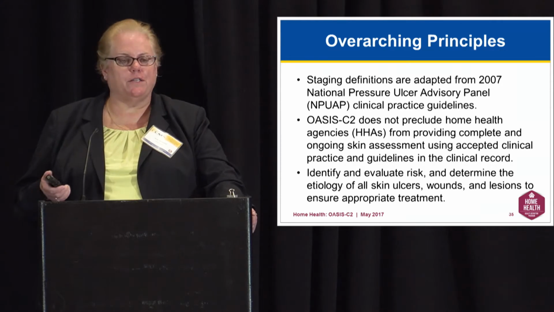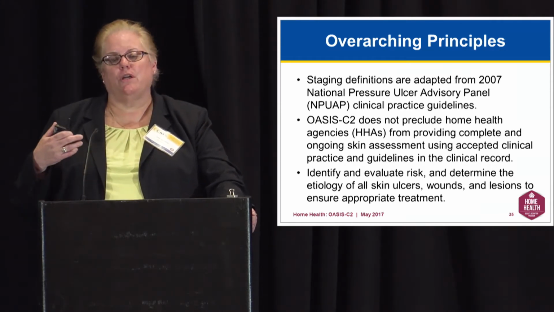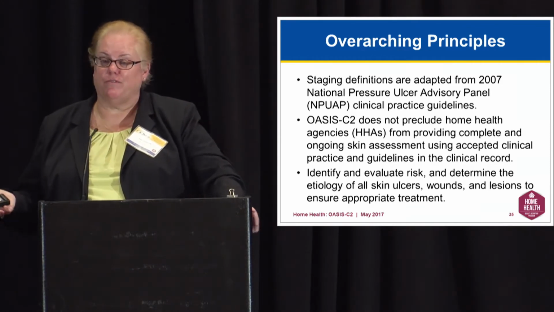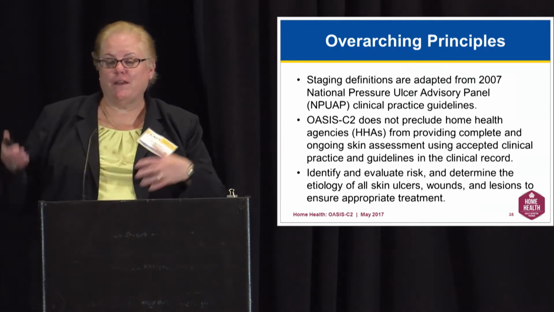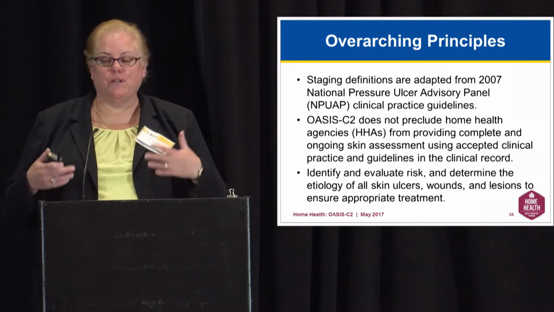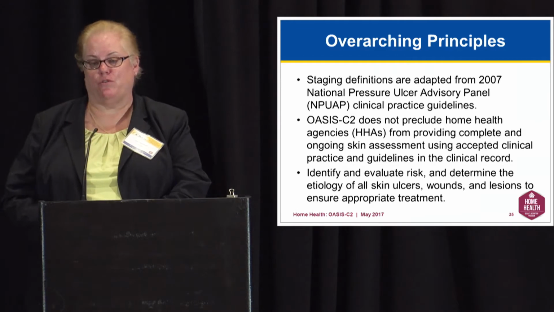There are disease processes that can cause skin blisters. When you think about the complexity of peripheral vascular disease, what's a peripheral vascular ulcer, an arterial ulcer versus a diabetic ulcer versus a pressure ulcer. So it's not as simple as we think, but it's really important to understand that because what we're trying to capture here are pressure ulcers.